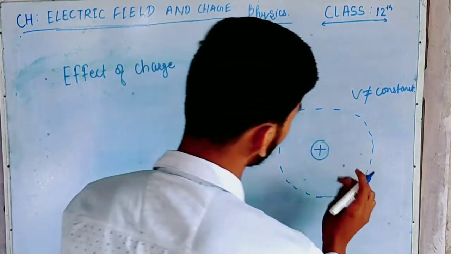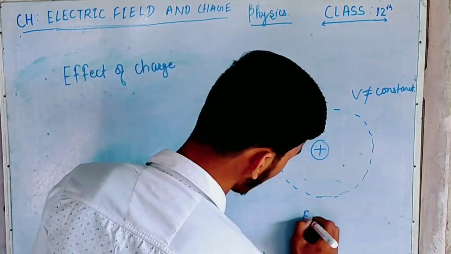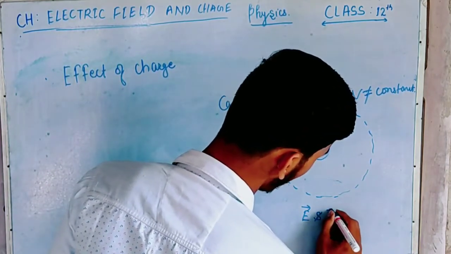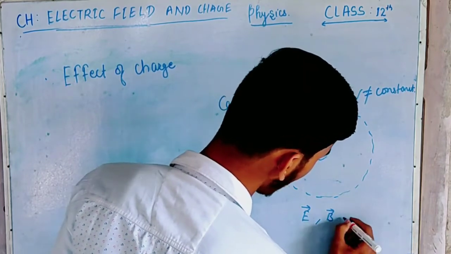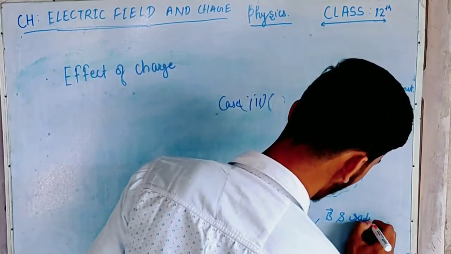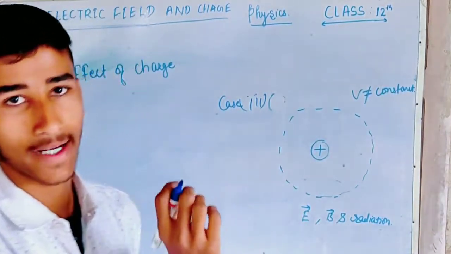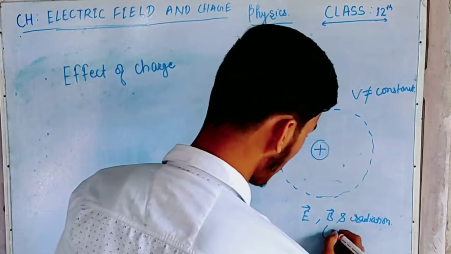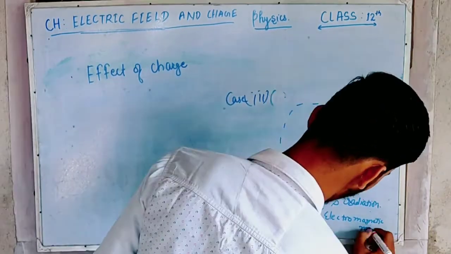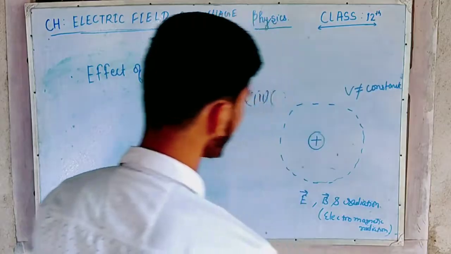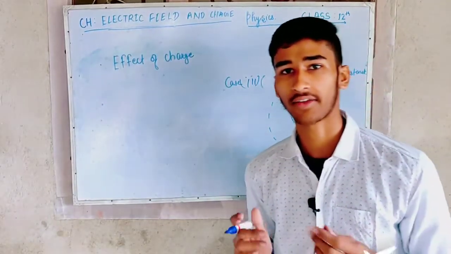When the charge is non-constant, then it will produce around it electric field, magnetic field, and radiation, and this is called electromagnetic radiation. So basically these are the 3 cases of effects of charge.